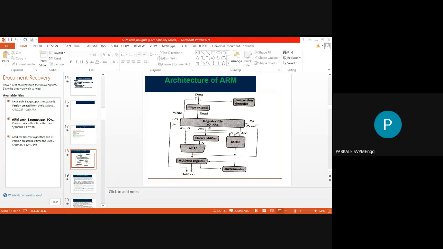That means if at the input you have given 8-bit or 16-bit data, the sign extend hardware will convert this data into 32-bit. I hope you have understood the use of this sign extend hardware.